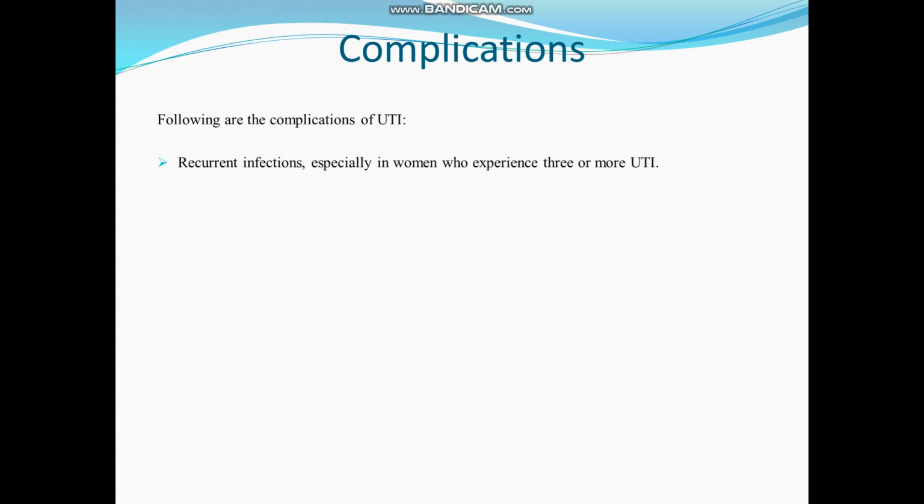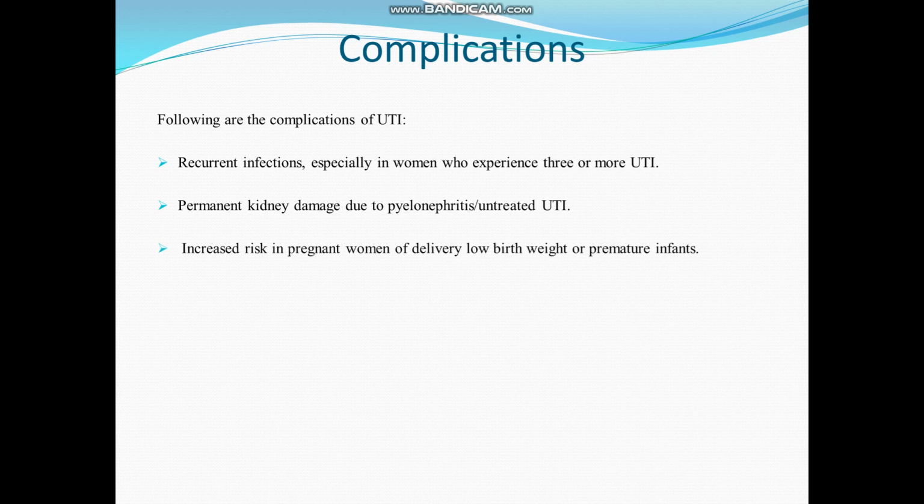Complications include recurrent infections, meaning urinary tract infection occurs repeatedly, especially in women who experience 3 or more UTIs. Others are permanent kidney damage due to pyelonephritis or untreated UTI, increased risk in pregnant women of low birth weight or premature delivery, and urethral narrowing in men from recurrent urethritis.